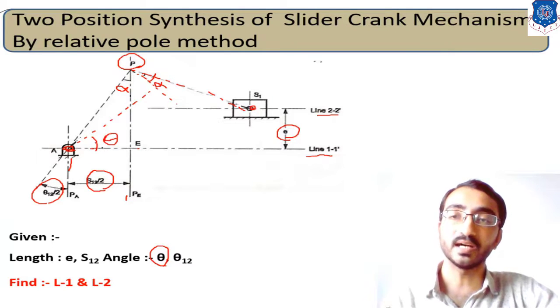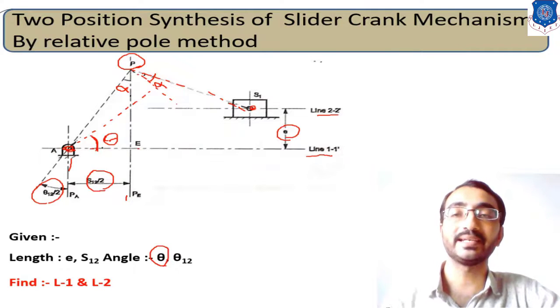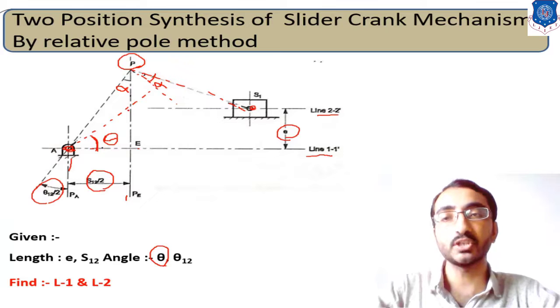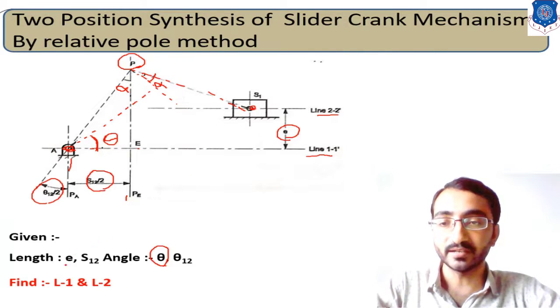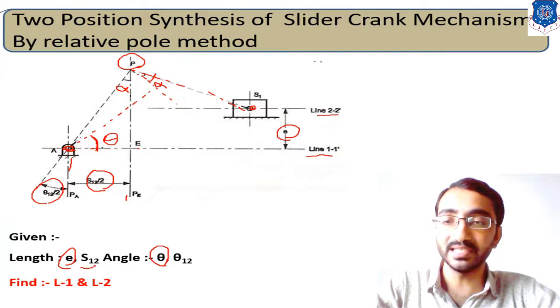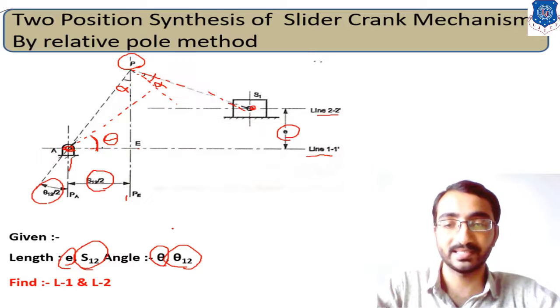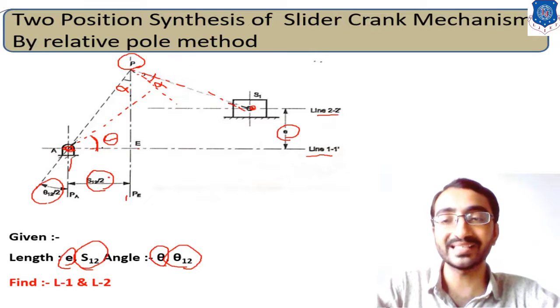Over here we have sketched one dash line with angle theta, which is representing the position of your crank. Now let's quickly revise that we have taken this eccentric distance E, S12 distance and theta12 angle. Now all the input data is considered.